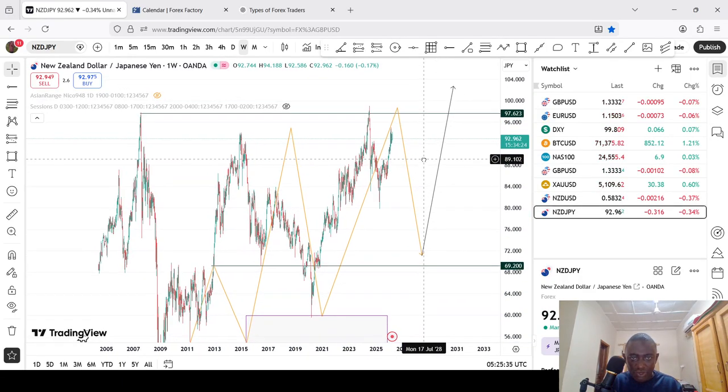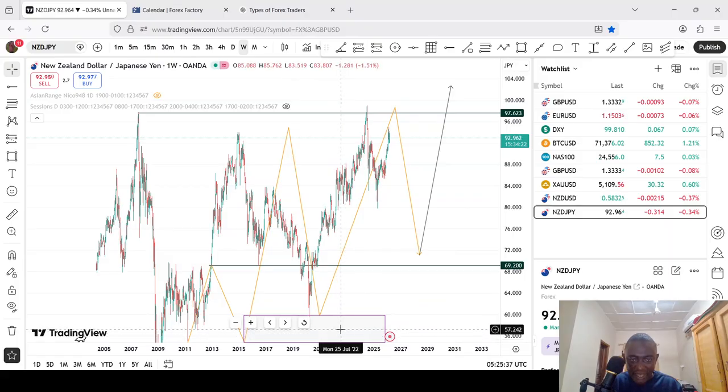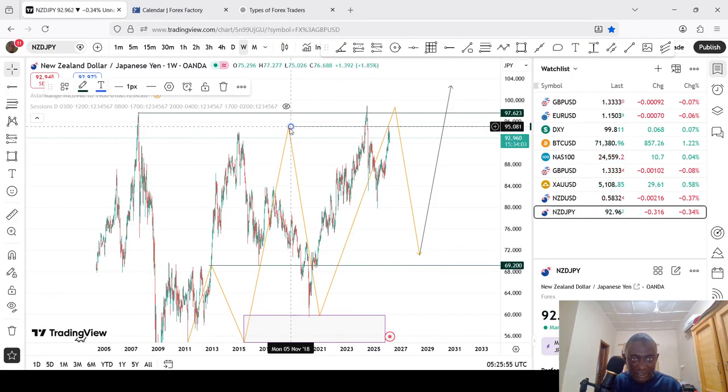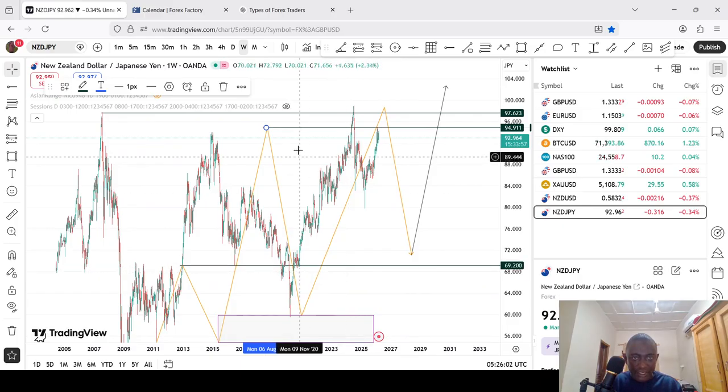Okay, so it means once we have exhausted this place, this particular zone, that is what we've drawn so far, it has been able to at least break the last high that we had, this part. So we have this one and this one.